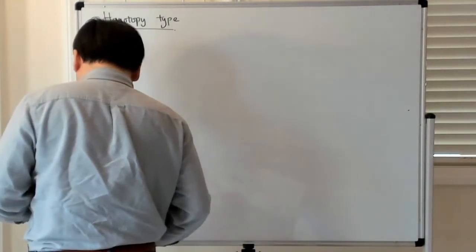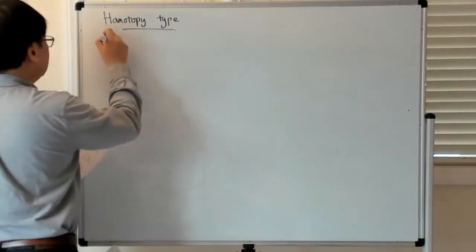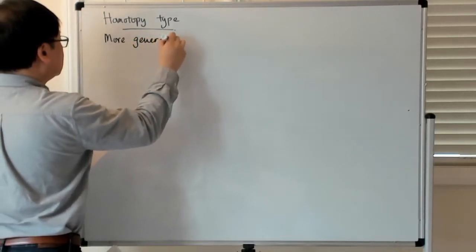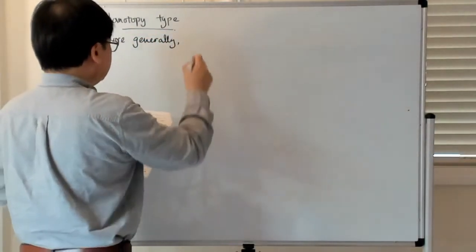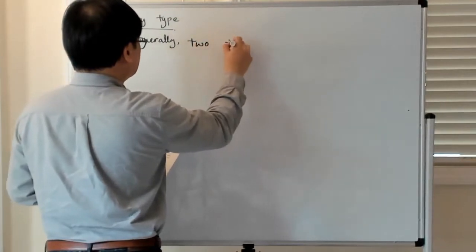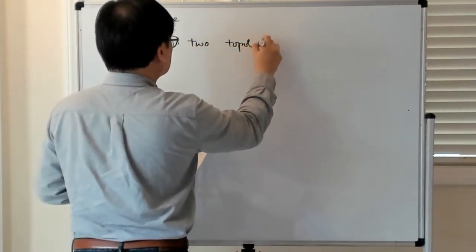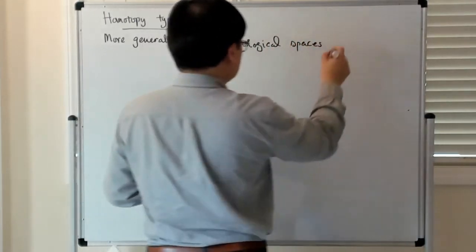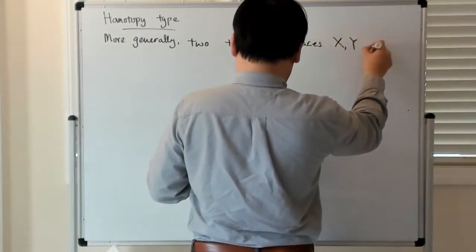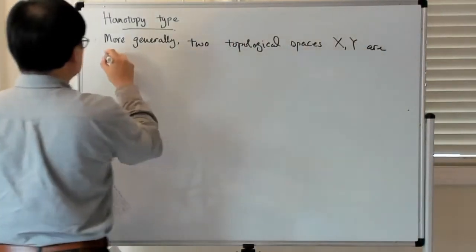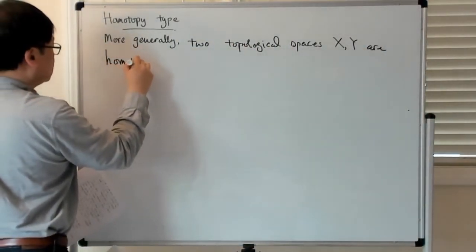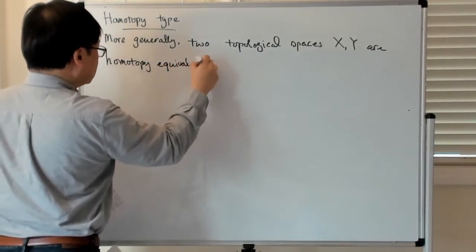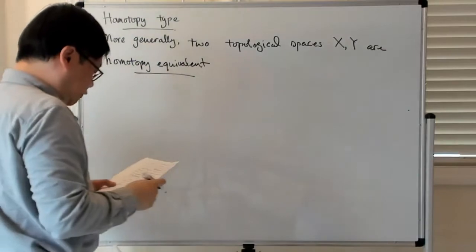So more generally, you have two topological spaces, let's say X and Y, that are homotopy equivalent if the following is true.